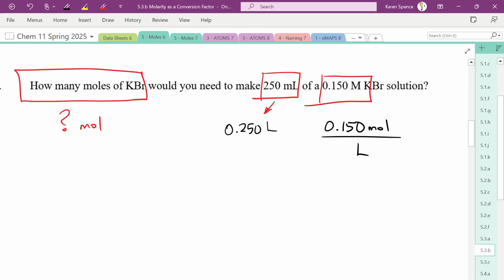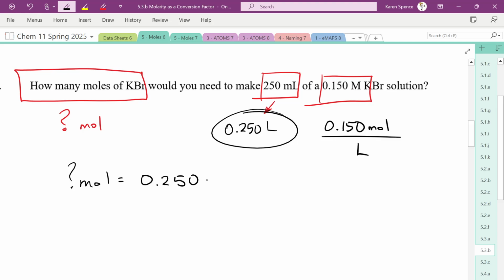Okay, and that's going to give us how many moles? Is equal to, there's our initial quantity, 0.250 liters times 0.150 moles per liter.